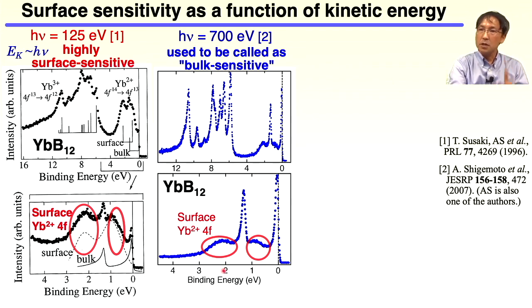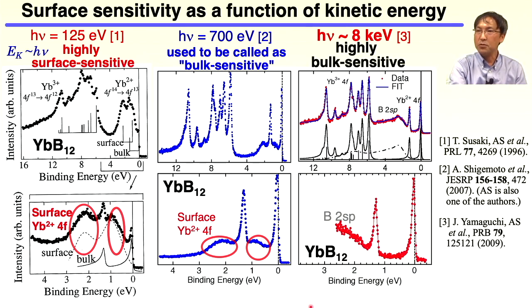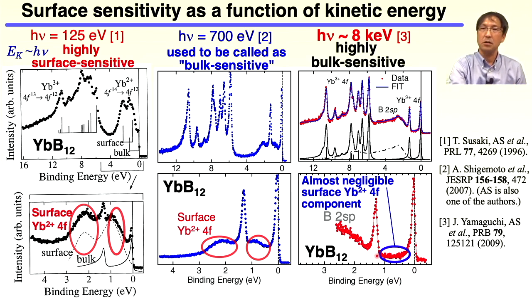However, the surface contributions are still seen at the photon energy of 700 electron volt with non-negligible weight. The surface contributions are almost completely suppressed at the excitation energy of 8 keV, as shown in this figure, where the broad structure seems to vanish.